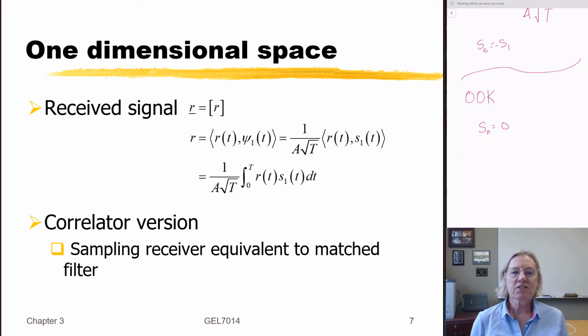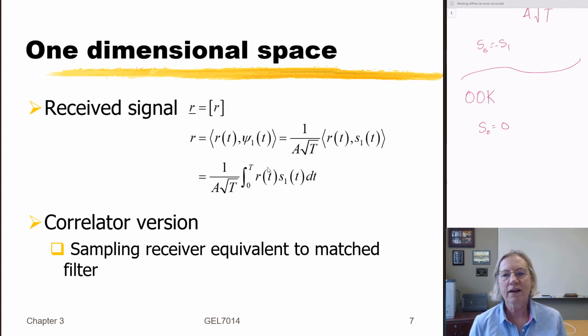So in this one-dimensional space, when I receive a signal R of t, what I'm going to do is calculate, of course, the inner product of R of t with the basis vector, which means I'm going to correlate the received signal with the symbol shape. And in this case, there's only one shape.